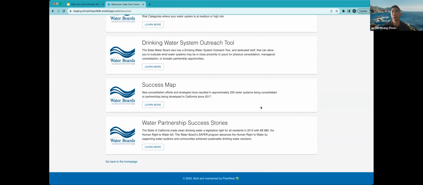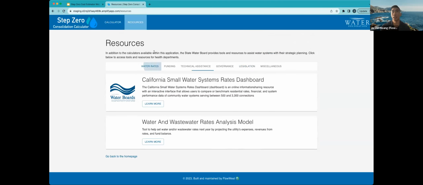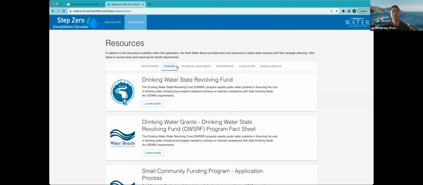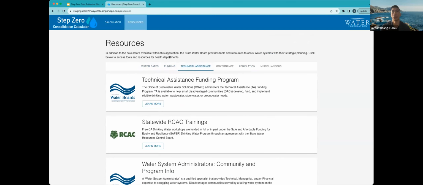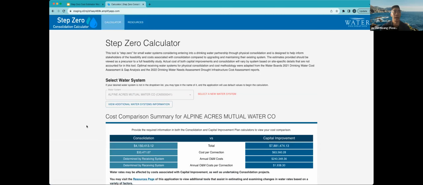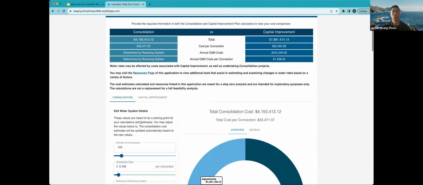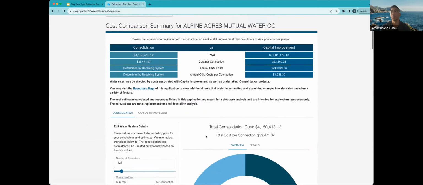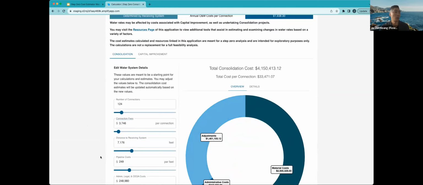So yeah, this resources tab is just links to external resources. But before I go back to the slide deck, were there any additional questions, feedback, anything anybody wanted me to explore further within the application?